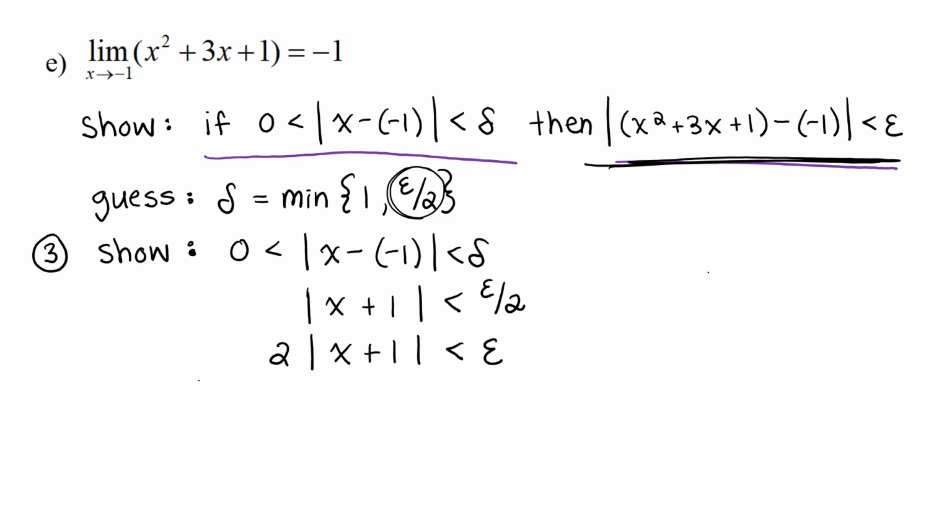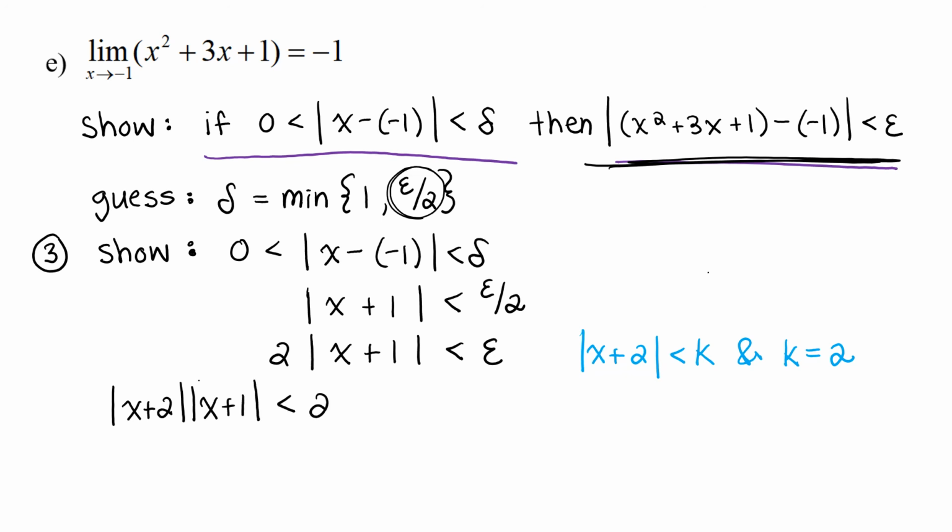And now, since we know that the absolute value of x plus 2 is less than k, and that k is equal to 2, that means that the absolute value of x plus 2 times the absolute value of x plus 1 is less than 2 times the absolute value of x plus 1 is less than epsilon.